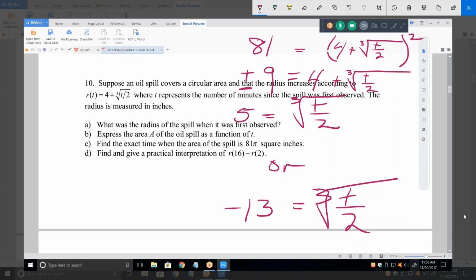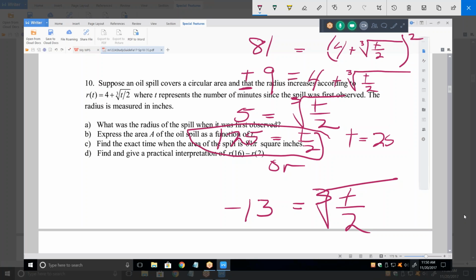You cube both sides. So 5 cubed is 125. That becomes t over 2. What's t equal to? Solve that. 250.